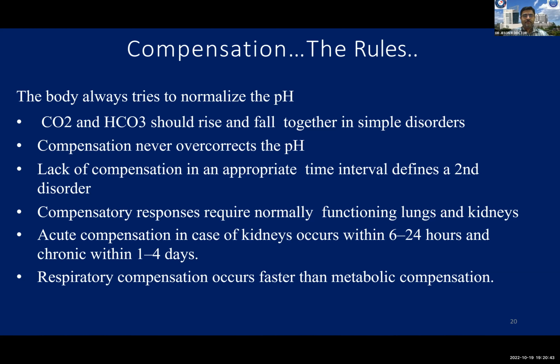So whenever you have a respiratory pathology, the bicarb tries to compensate by moving high or low and getting the pH to normal. Compensatory responses require normally functioning kidneys and lungs. Acute compensation by the kidneys occurs within 6 to 24 hours and chronic within 1 to 4 days. And respiratory compensation occurs faster than the metabolic compensation. So these are some of the rules of compensation.